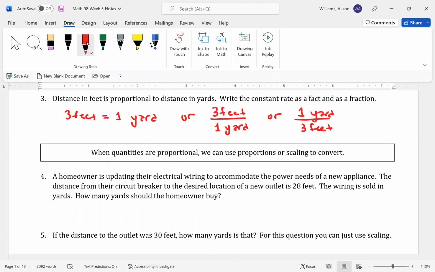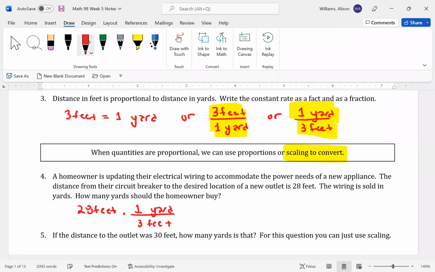That's one way to do this. But if I wanted to use the scaling idea they refer to, scaling to convert, that means I'm going to use one of these fractions to write my conversion. So instead of just dividing 28 by 3, I would multiply it by 1 yard over 3 feet.